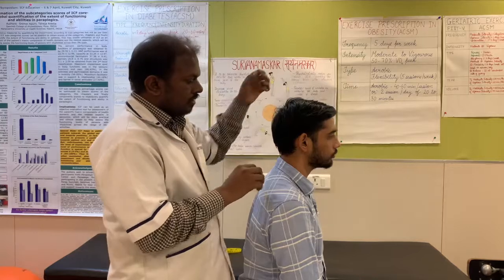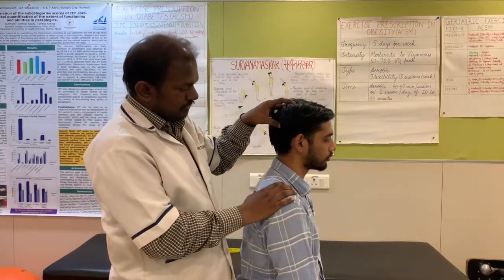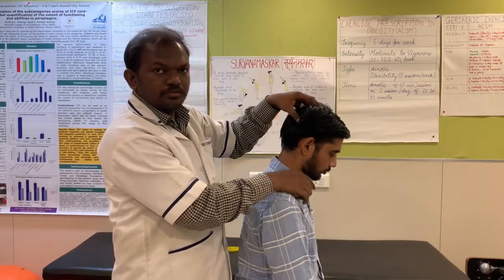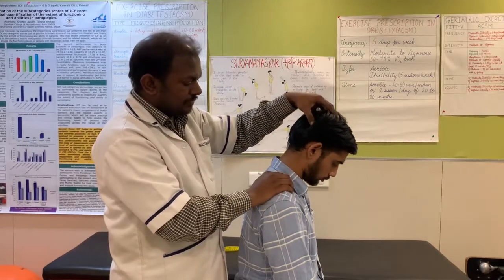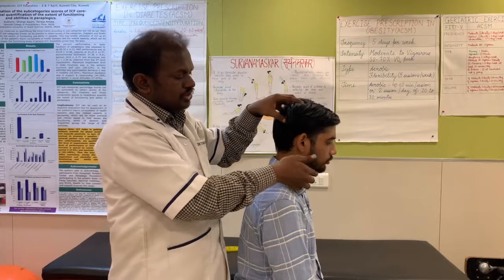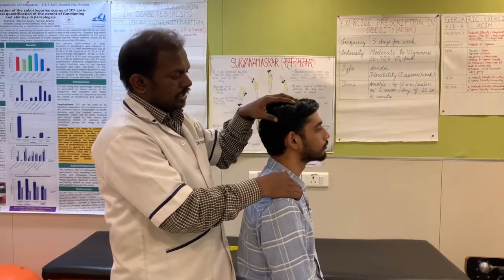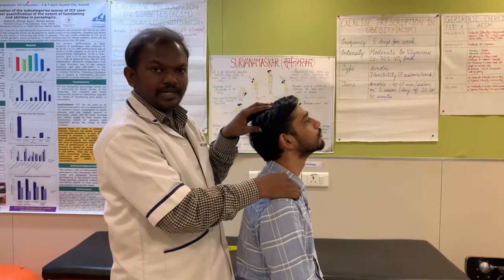cervical motions present at the cervical spine. Mainly we have cervical flexion. Here we can see your chin touching the sternum is cervical flexion. Then your chin going away from the sternum we call cervical extension.